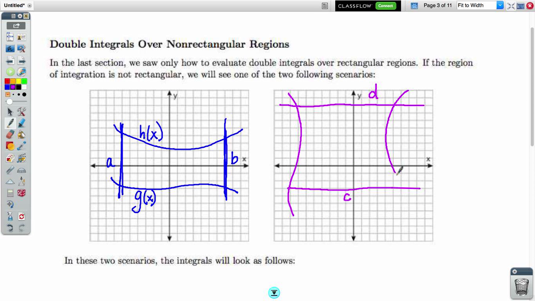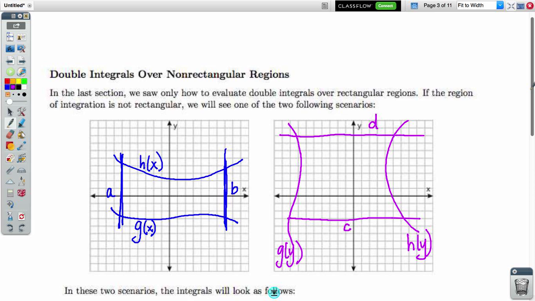So I don't know what this is going to look like, something like that. And then I'm going to call these expressions here, let's see, let's call this g of y, and then this is going to be h of y.